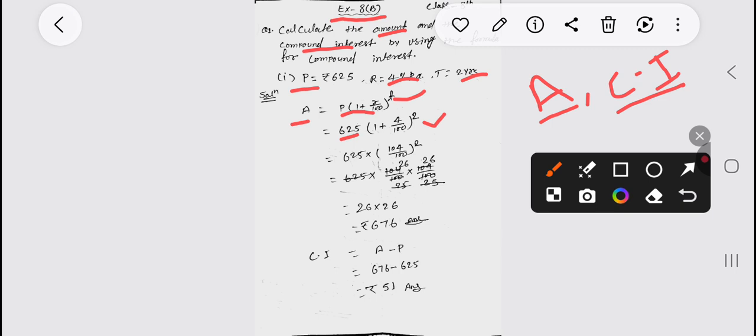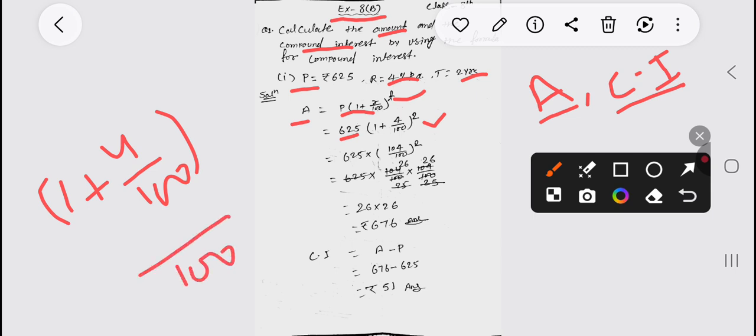If you solve 1 plus 4 upon 100, the LCM will be 100, so 100 plus 4 means 104 upon 100. That's why I have written 104 upon 100 to the power 2.